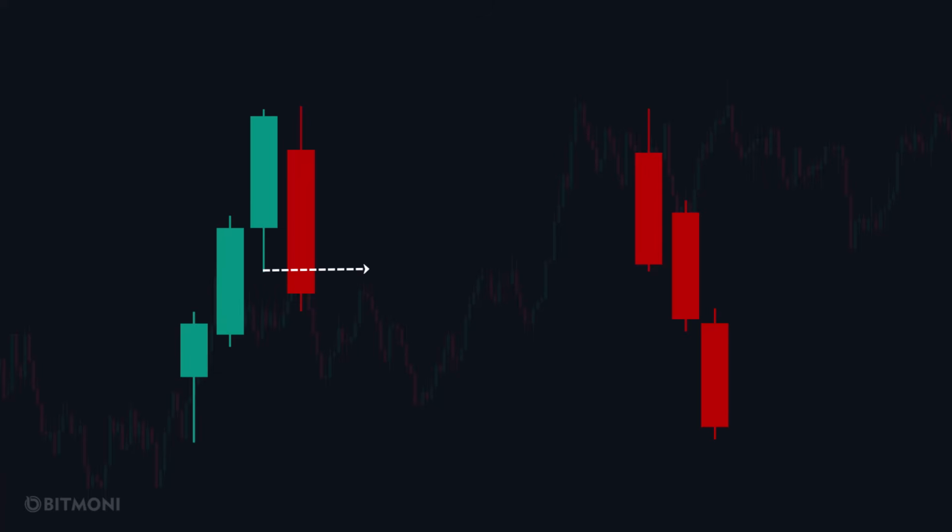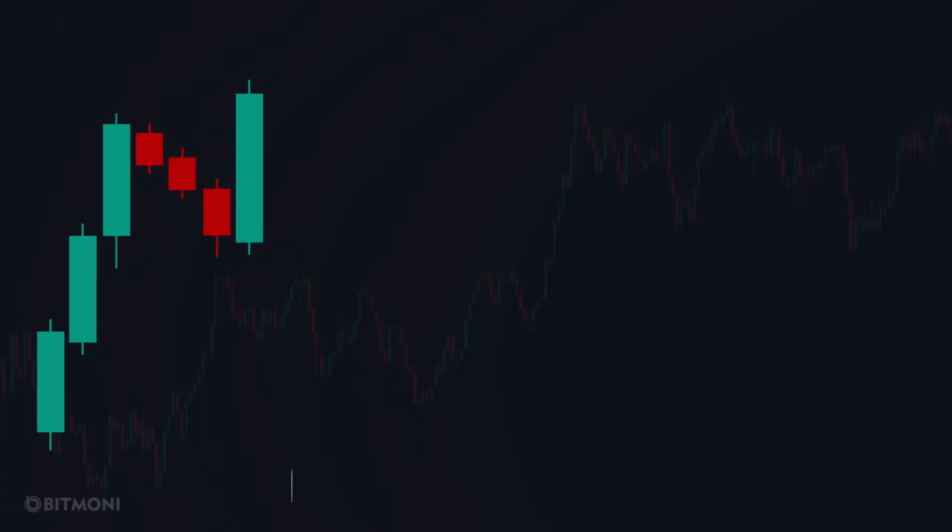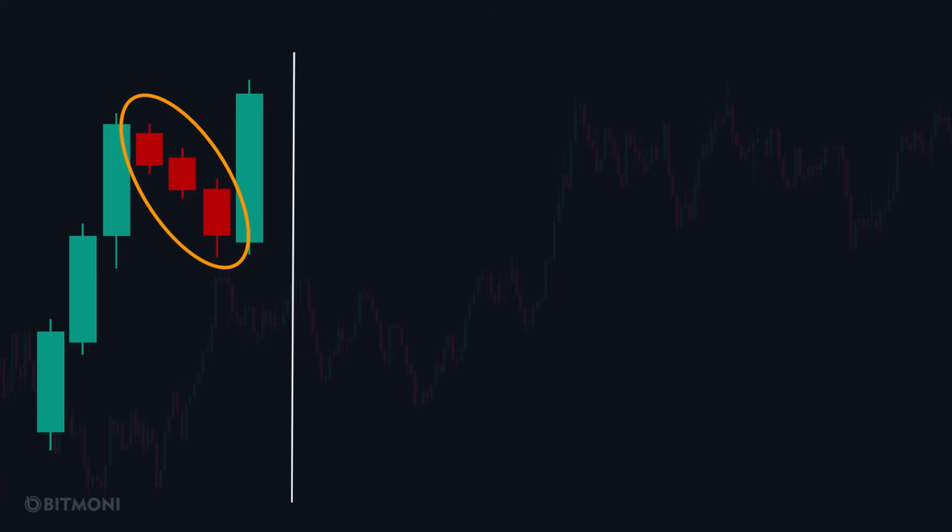In the same way, during a bearish trend, a valid pullback is identified when a candle breaks above the previous candle, effectively sweeping liquidity. To strengthen our grasp of how pullbacks work, let's look at a few more examples. Imagine a sequence of bullish candles, followed by a brief pause, where three bearish candles appear before the uptrend continues.